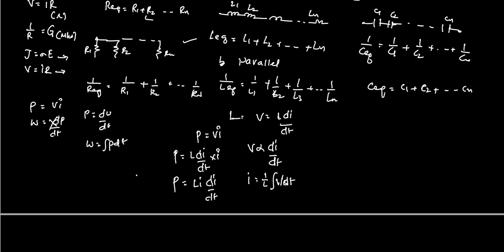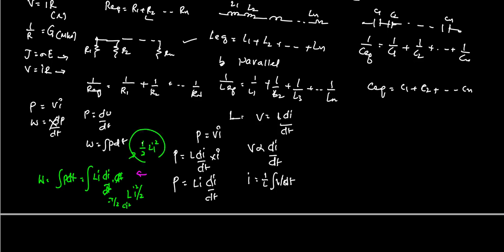Energy equal to integral P dt, that is integral of Li di by dt into dt. The dt cancels, so L into I square by 2, that is half Li square. So the energy stored in an inductor is half Li square, the maximum energy stored in the inductor.